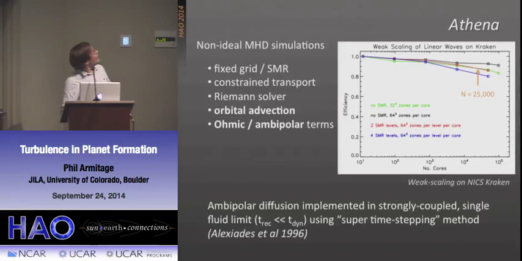Okay, so we've been solving these equations with the Athena code. So we've been doing non-ideal MHD with Athena. Just to give a few details of Athena, this is a fixed grid or static mesh refinement code, so there's no adaptive mesh refinement here. We use constrained transport for the magnetic fields. This is a Riemann solver type code.